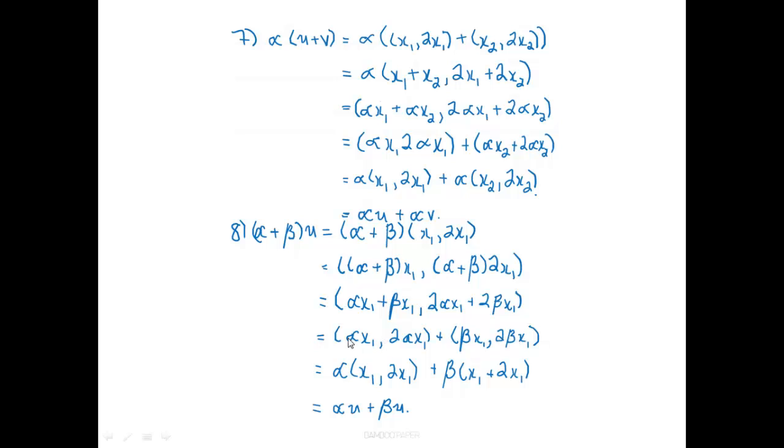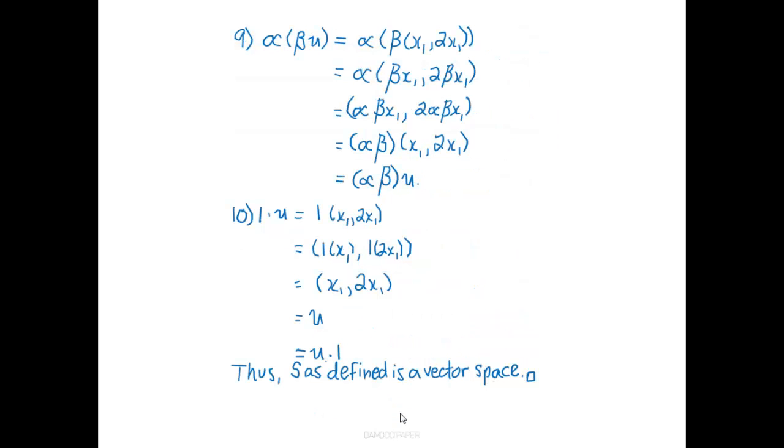I can pull out my alpha and my beta using the standard definition of scalar multiplication, and I end up with alpha u plus beta u. And this proves my right distributivity property.